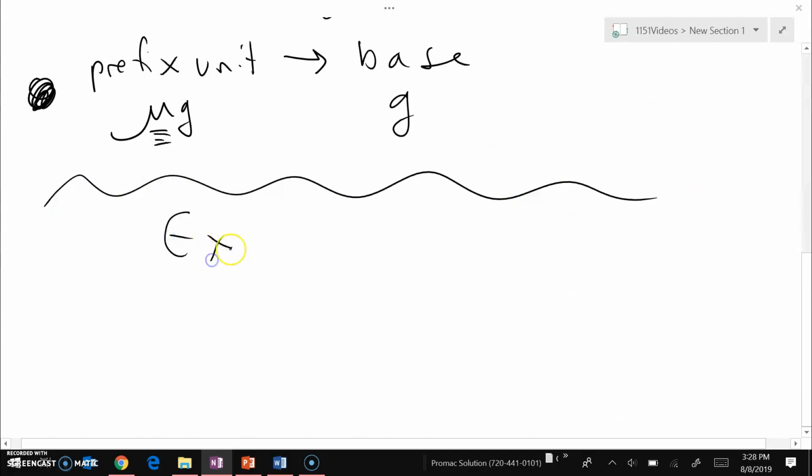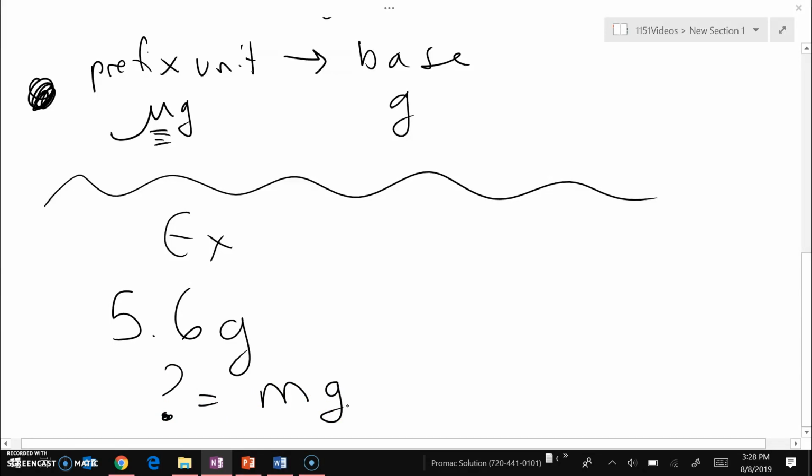So the example is, I'm given 5.6 grams of a substance, and what I'm trying to find, my question mark, is what is that in milligrams, okay? So you memorize milli, or M, like I said, there's a lot of M's in here, is 10 to the negative 3.